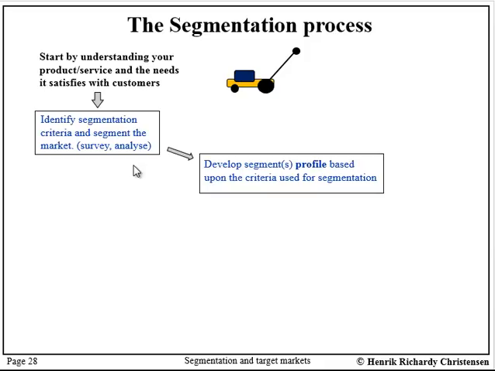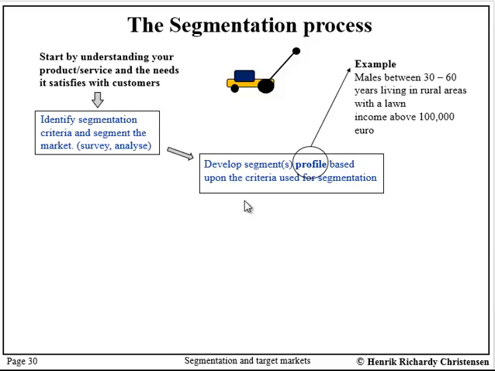Then, having identified the criteria, we have to develop the profiles of the segment based upon the criteria that are used for segmentation. Now, let's give a little example here. It could be males between 30 and 60 years, living in rural areas, with a lawn, and an income above 100,000 euro.